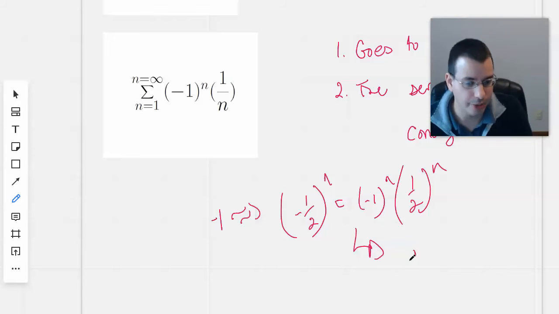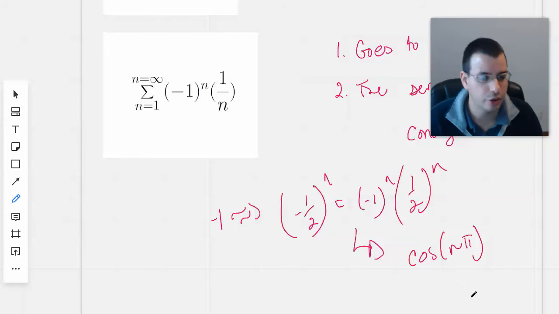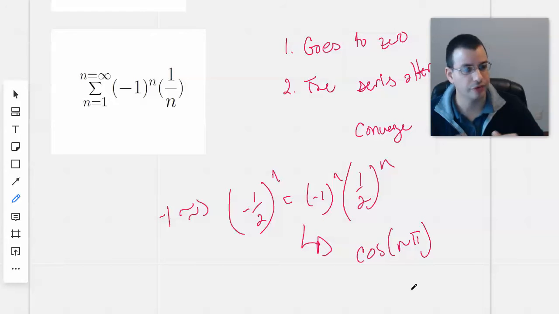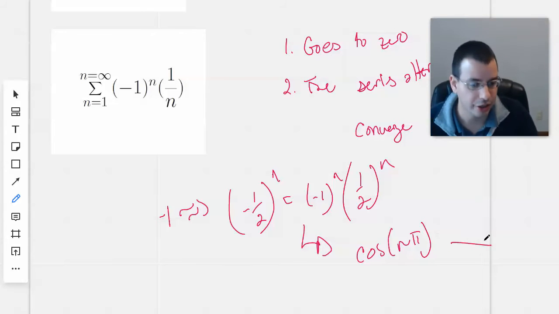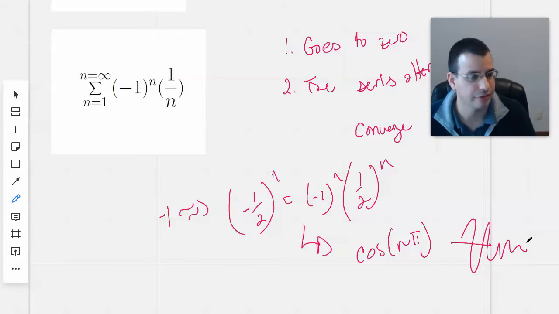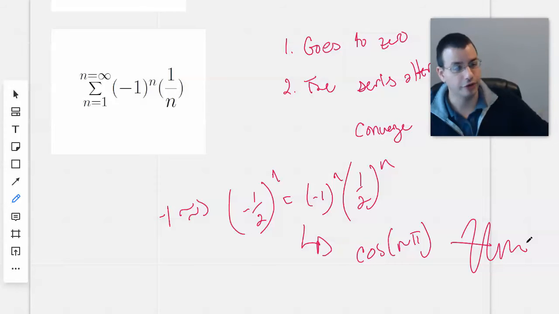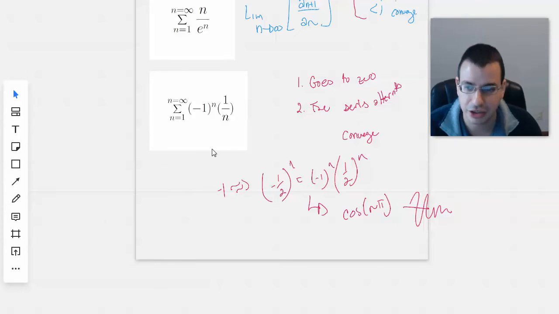Or it could show up as cosine of n pi, where what you're going to get is a -1 fluctuating back and forth, where this cosine then goes positive and negative over and over again in a periodic fashion.